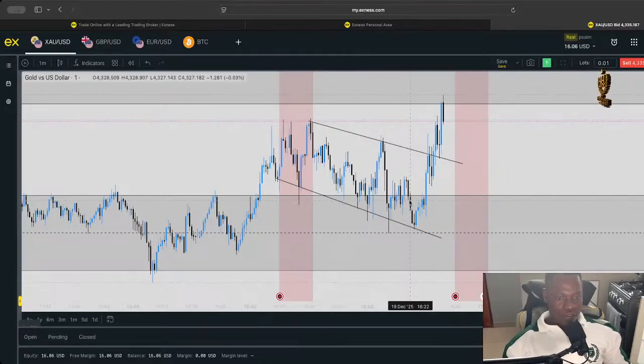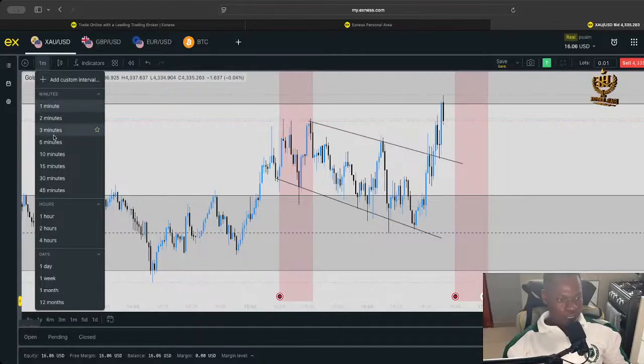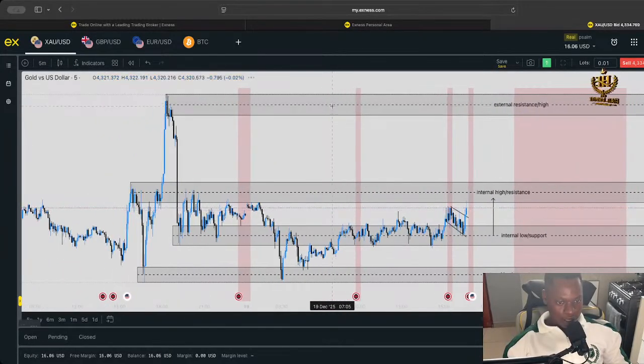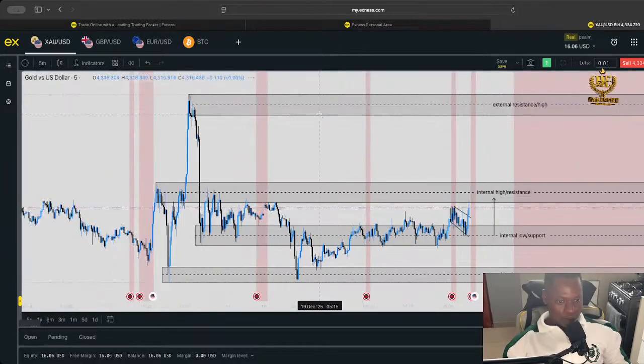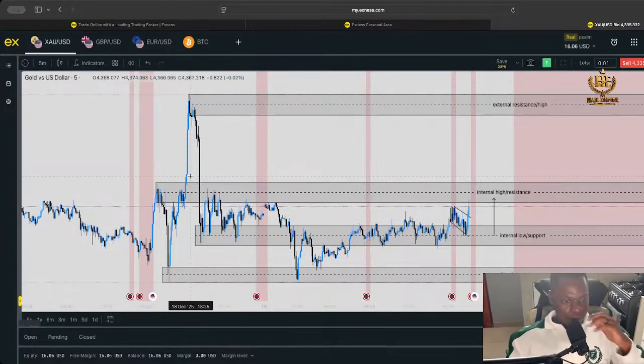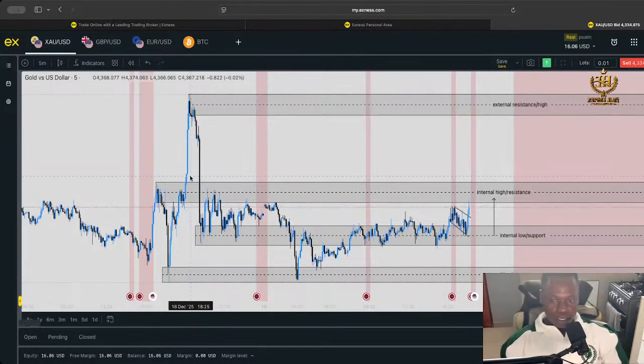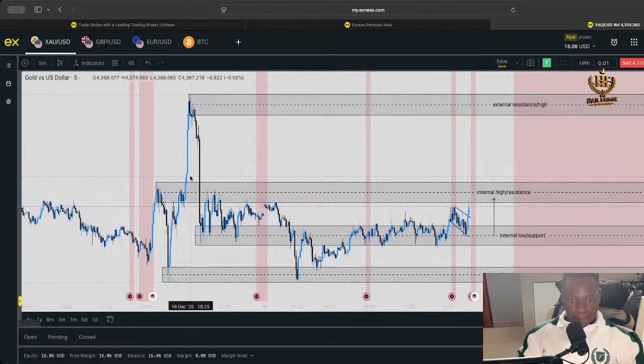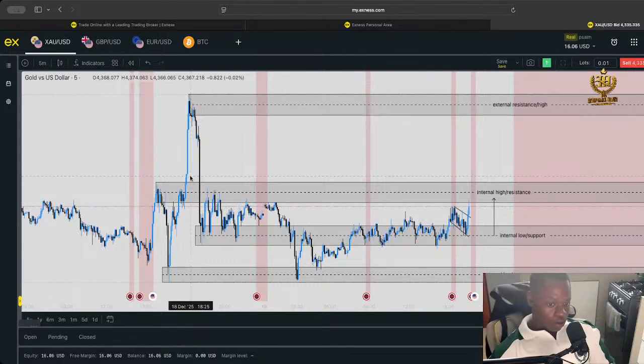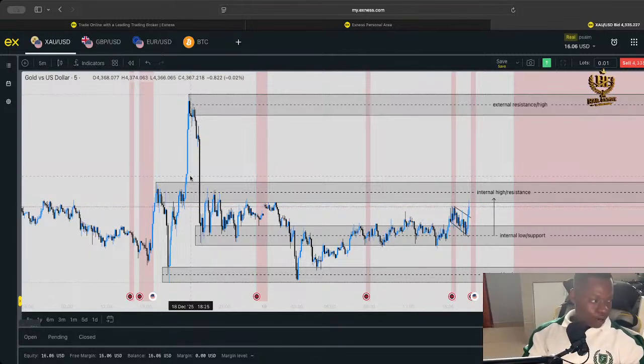So that's another entry there. But I don't advise people to take resistance. So we might see it dropping again a little bit or breaking that level, or even retracing from that point.